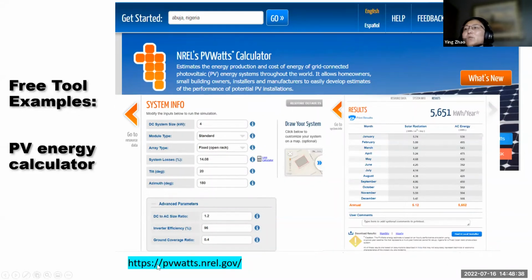It includes a lot of international locations, so you can include your location here, and then include your intended design of the array type and array size or something like that. They will give you an output of your energy savings from your PV arrays. So it's pretty convenient too. It's online. It's free.